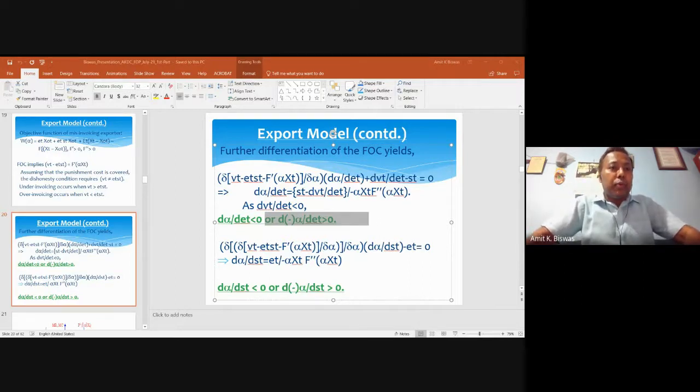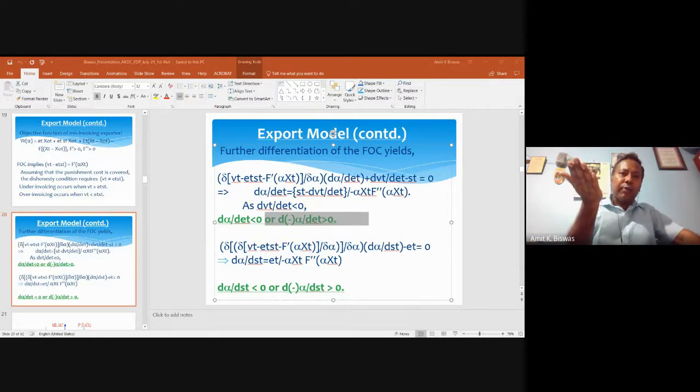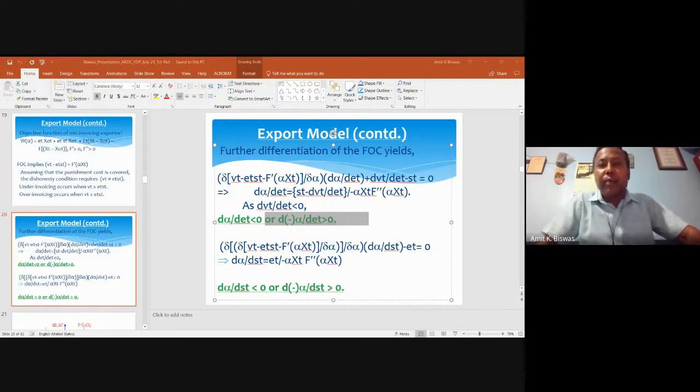So do have a look at how we justify this del alpha by del et less than 0, and how am I justifying it? As my official exchange rate is going up, the amount of black market premium falls. Therefore, it is less attractive for me to go for that corrupt practice, to go for underreporting of export.